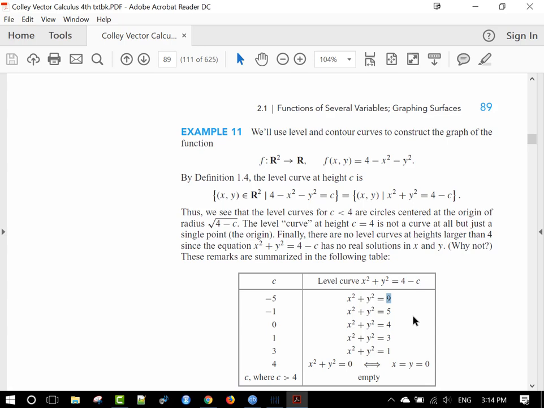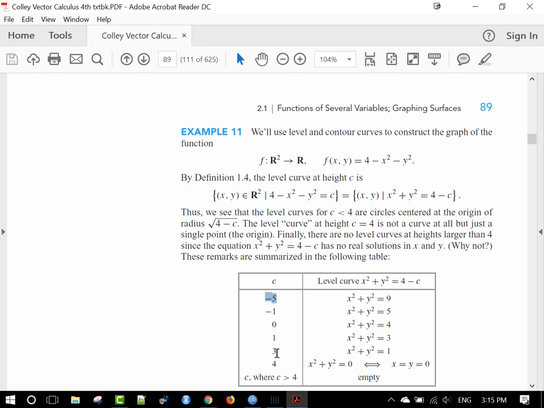So that will be one level curve. And what that means is that every point on that circle in the xy plane will get mapped to a height of -5. Okay, let's try this one.